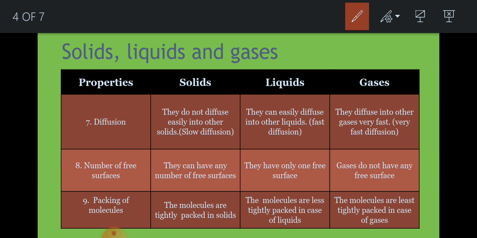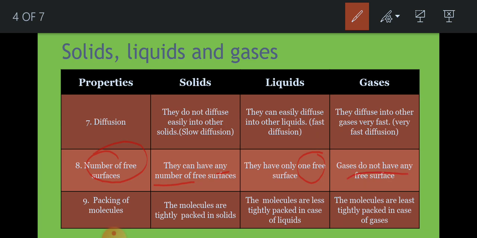Clear? Now next I will discuss the eighth property, that is number of free surfaces. In case of solids, we generally see that they can have any number of free surfaces. Liquids have only one free surface and gases do not have any free surface.